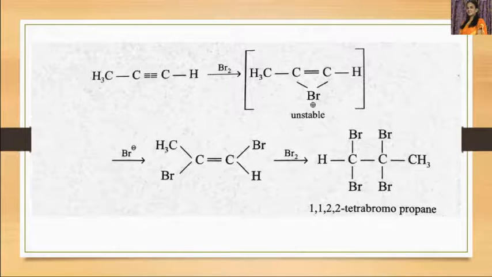New sigma bonds are formed. This combines with another atom from this Br2, one bromine atom forming a bond here, that is Br+. The rest is Br-, which will go and attack any one of these carbon atoms from the back side to form a dibromo compound. This one is produced, with two bromine atoms.